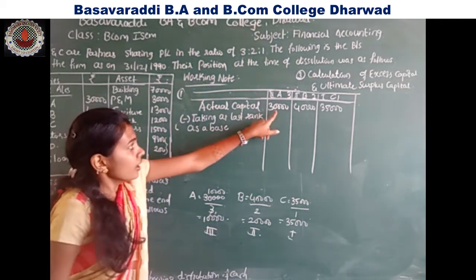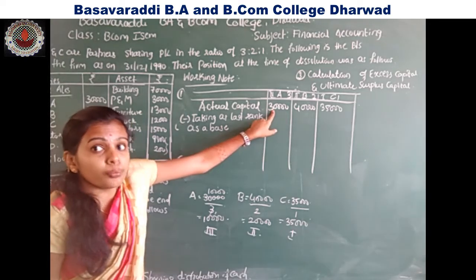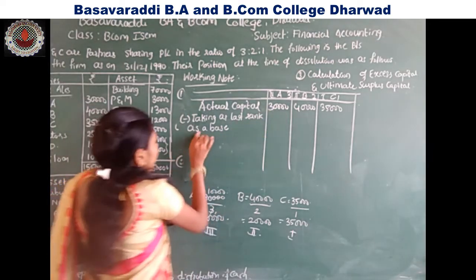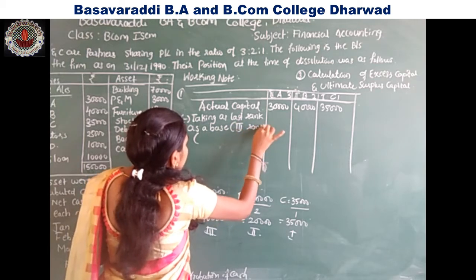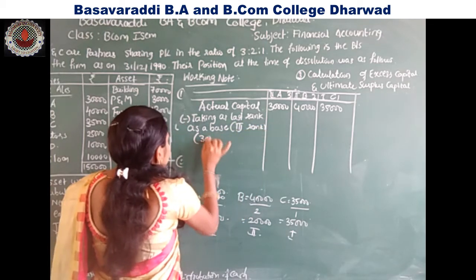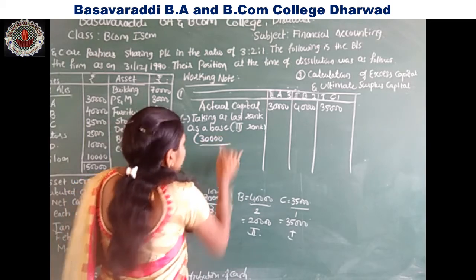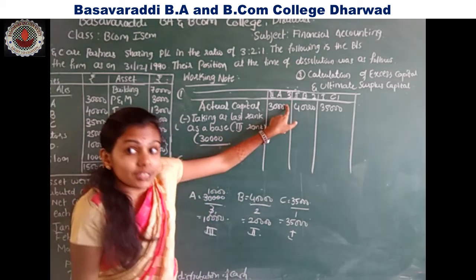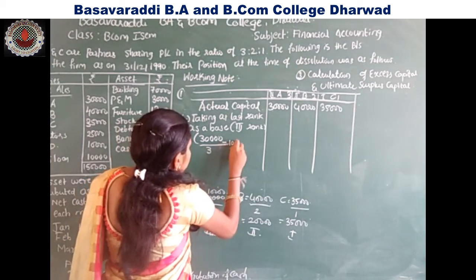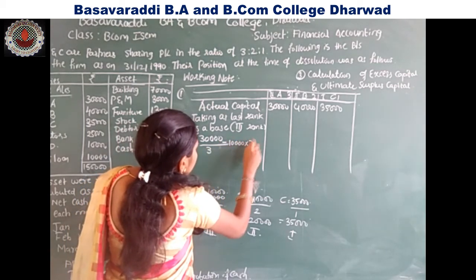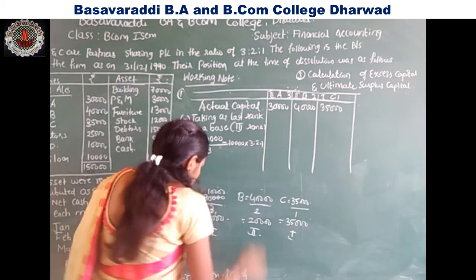Last rank 30,000 of partner A, that is the third rank. 30,000 divided by ratio 3 is equal to 10,000, into 3 is to 2 is to 1.